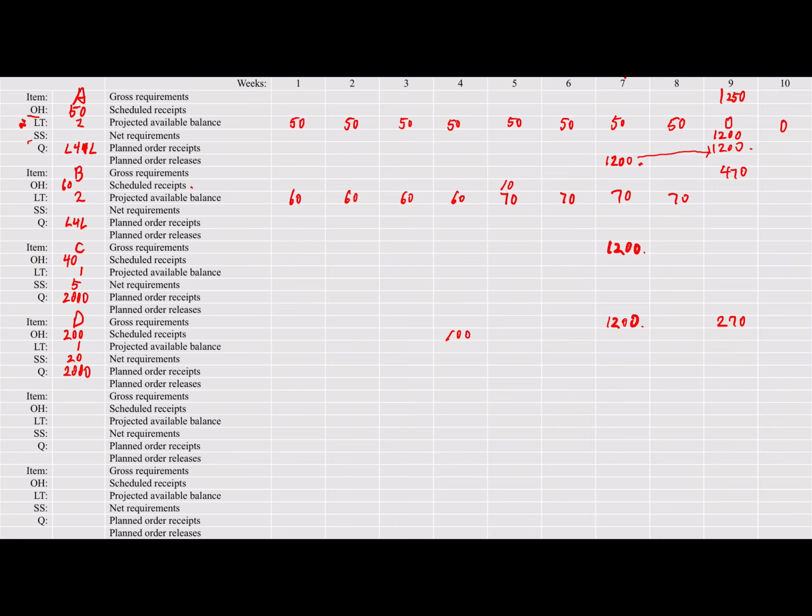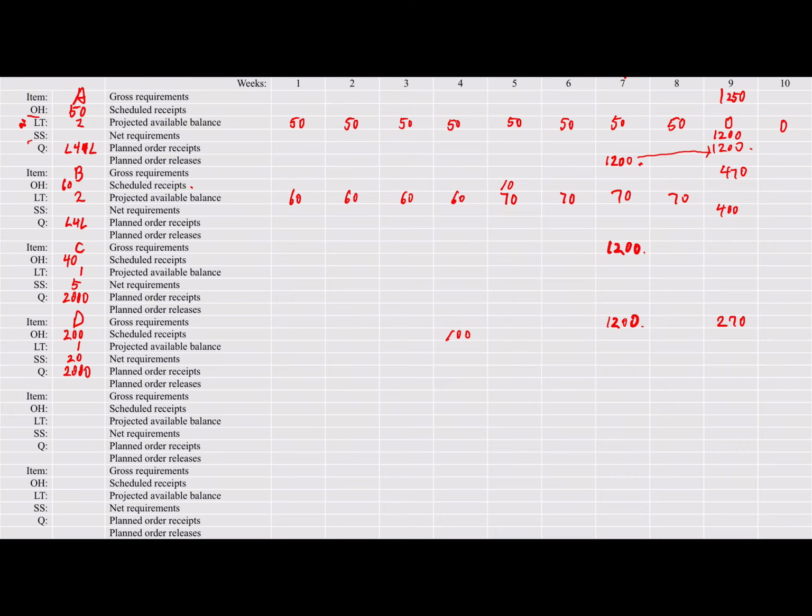And how about week 9? At the beginning of week 9, I have 70. The gross requirement is 470, so 470 minus 70, I'm short of 400. That is the net requirement. And what do we do? We place the order. When do we place the order?